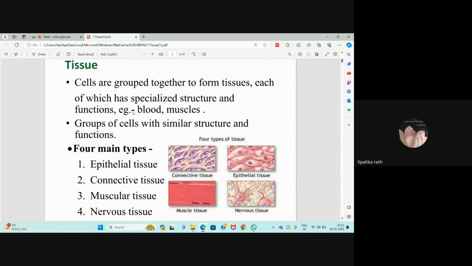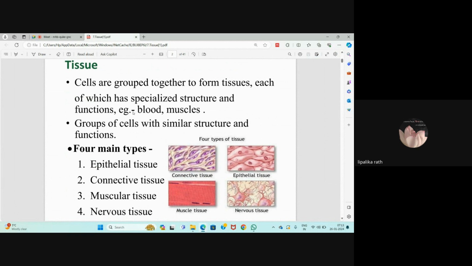We also learned the types of epithelial tissue: simple epithelial tissue and compound epithelial tissue. Simple epithelial tissue is further divided into five: squamous, cuboidal, columnar, ciliated, and pseudostratified. Compound epithelial tissue is divided into two groups: stratified and transitional.